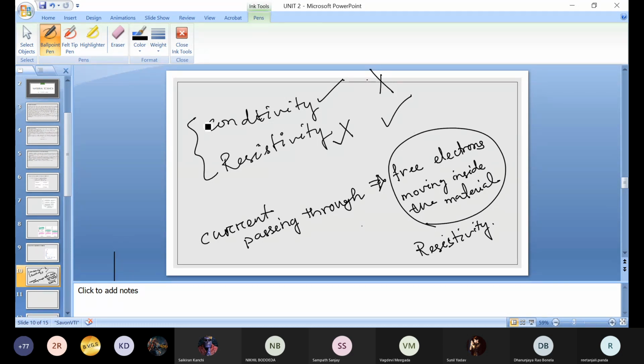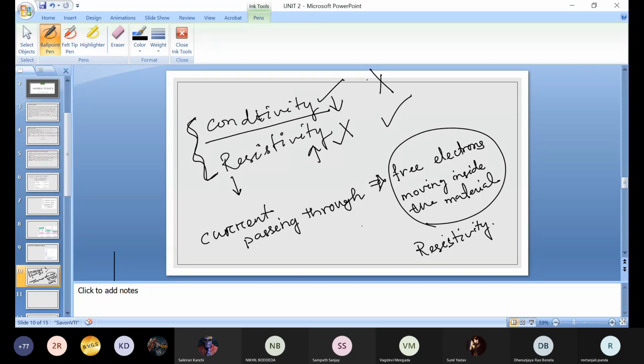These two properties are reciprocal, opposite to each other. They are interlinked: if one property is high, the other has to be lower. This is the exact concept of a conducting material.